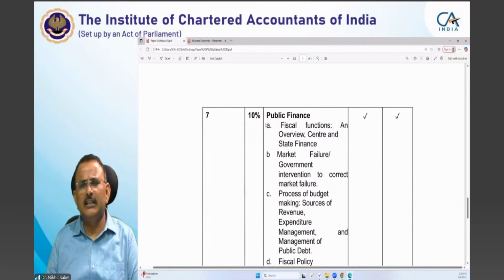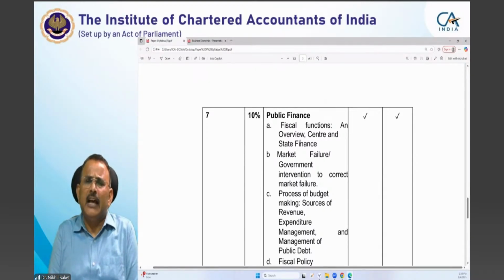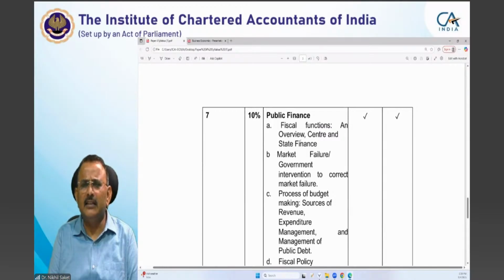But at the foundation level, interpretation of data is not in your syllabus. Just a basic understanding of the data is there, because the reason or logic behind a particular situation is not asked in the examination. But for basic understanding, you need to know the logic of the particular situation.